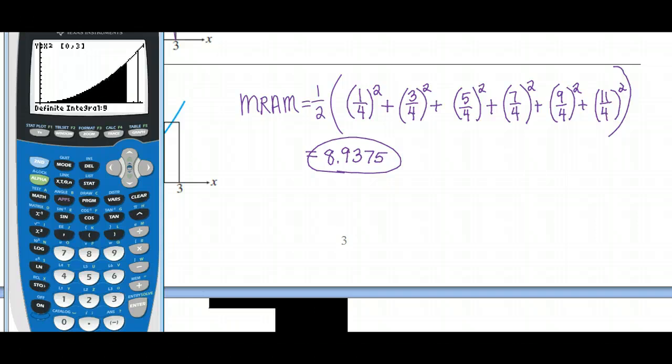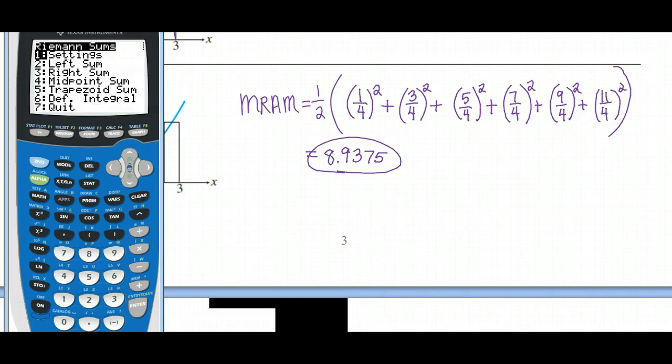It's as if those rectangles got infinitely smaller; there are infinitely many partitions. Look at the definite integral: we got 9. When you look at the results, you can determine which one was the closest approximation, the midpoint. It's not always the case, but in this one it was.